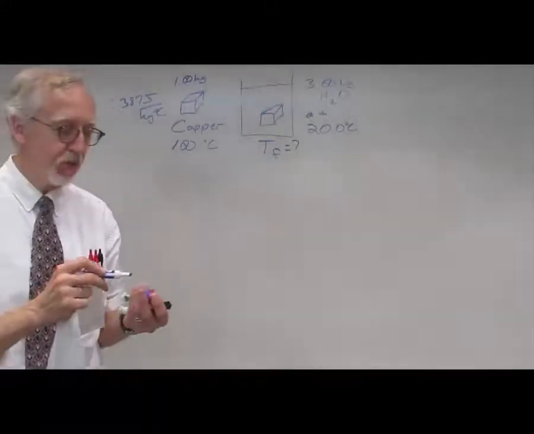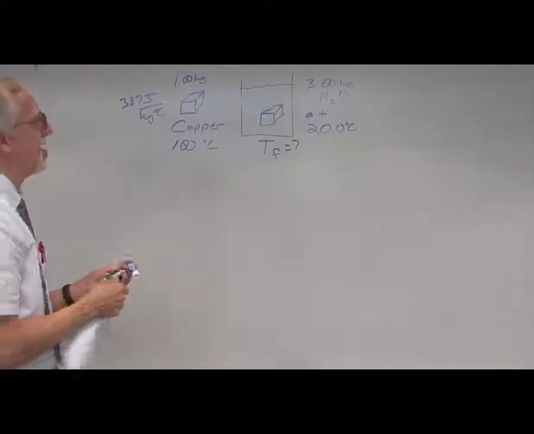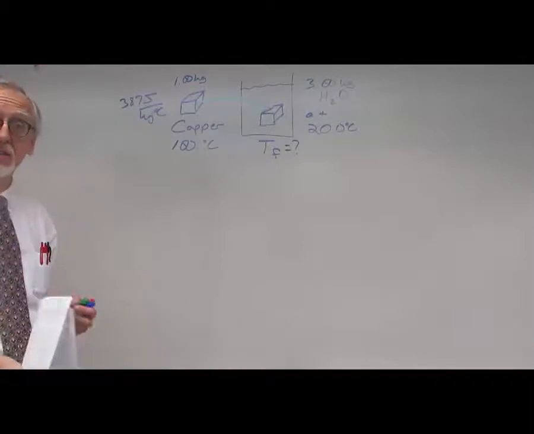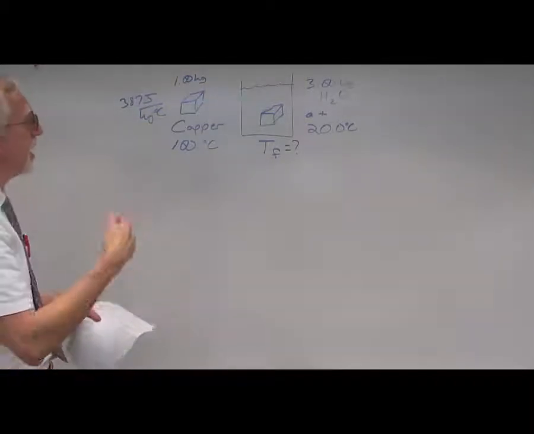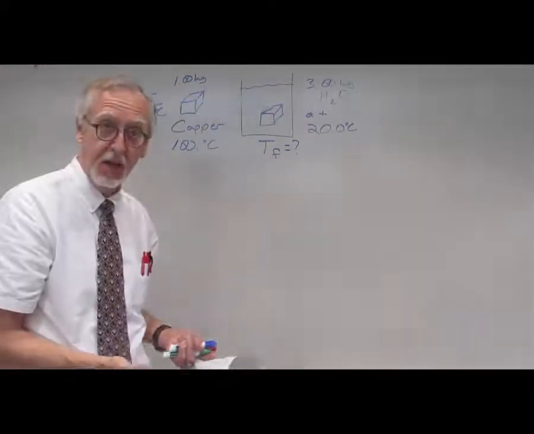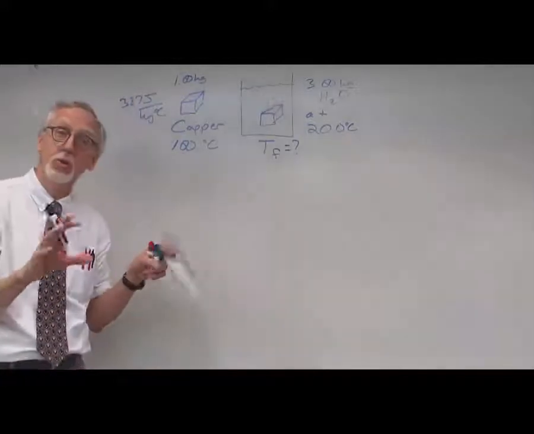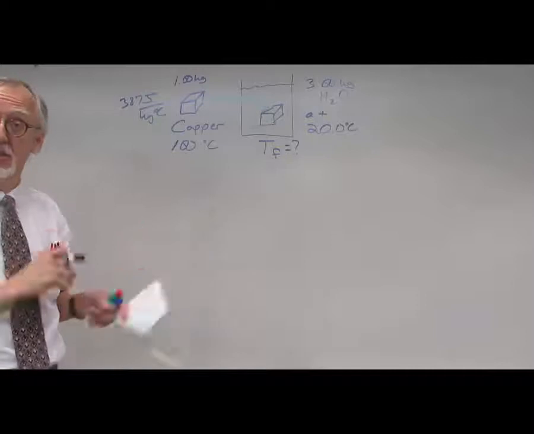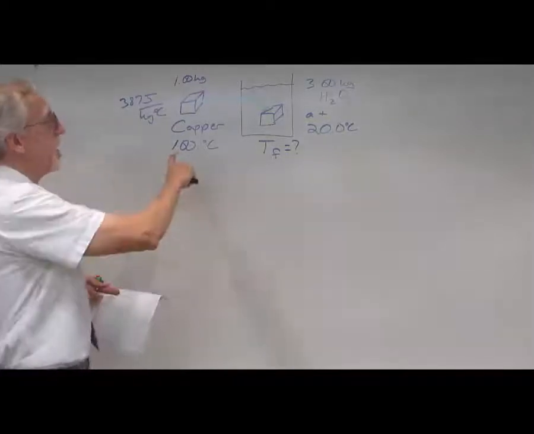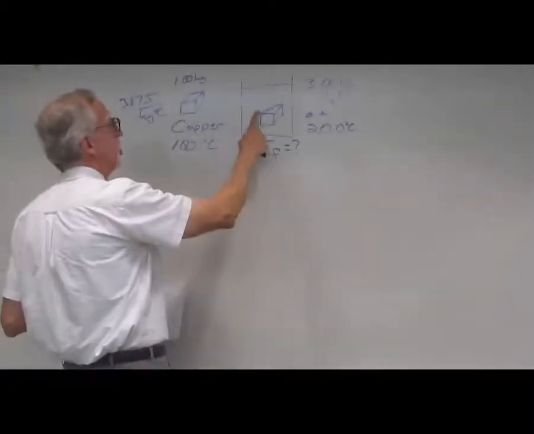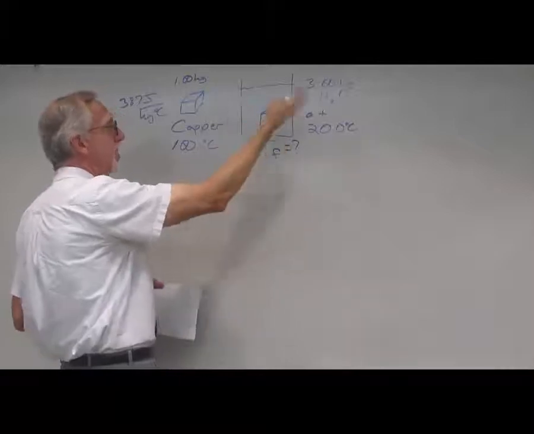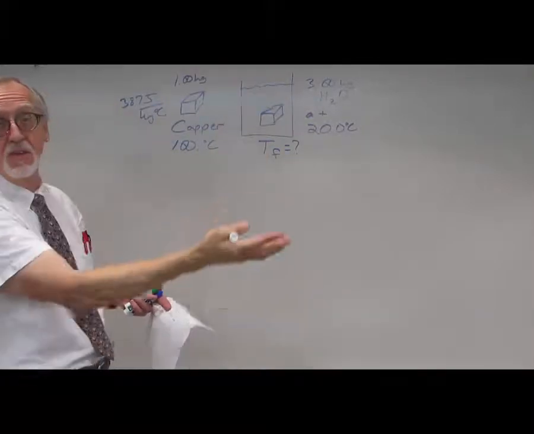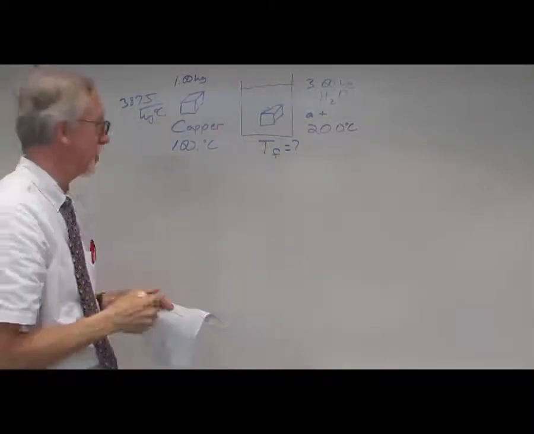Now the idea is we're going to assume that the water gains energy, the copper loses energy, and we'll assume that we don't lose any energy to the environment. So we're going to assume conservation of energy, so that whatever energy is exchanged goes from the copper to the water, but without any going into the environment or coming from the environment.